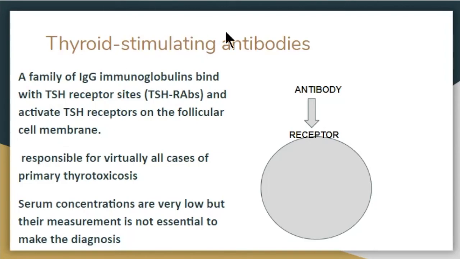Now, the thyroid-stimulating antibodies are not a thyroid function test per se, but they indicate the underlying disorders. So, in case of disorders such as autoimmune thyroiditis, what exactly happens is that these antibodies act on the TSH receptors. We had read about the TSH receptors in the follicular cells, which regulate the production and the release of the thyroid hormones.